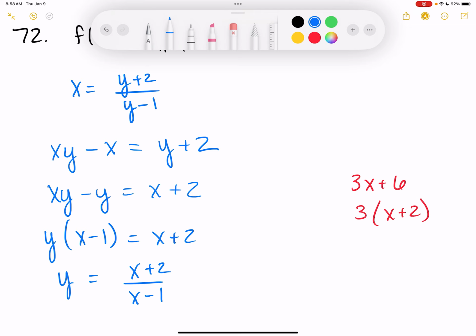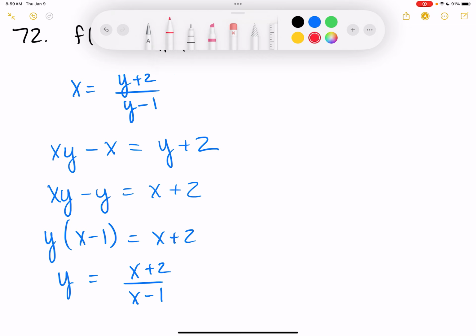So that can happen, but it may also flag me that, hey, maybe I should check this one. Maybe I should make sure that I did this right, because it does happen sometimes where the inverse and the original can be identical. Doesn't happen super often, at least typically in our book.